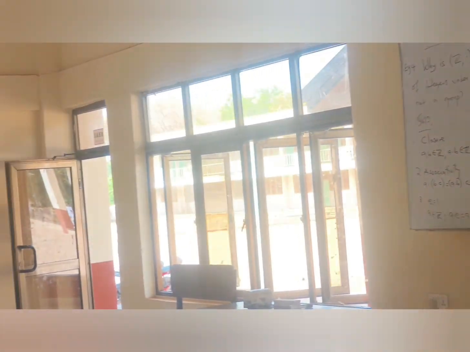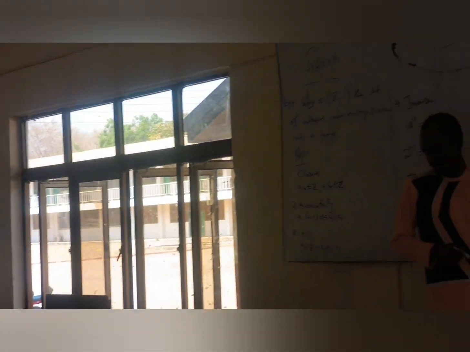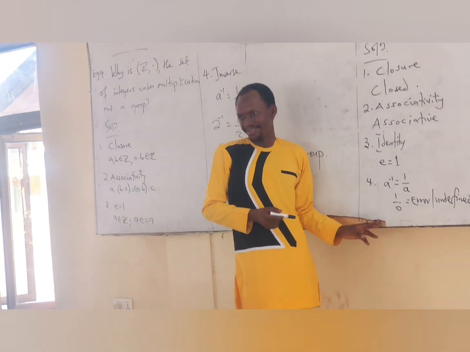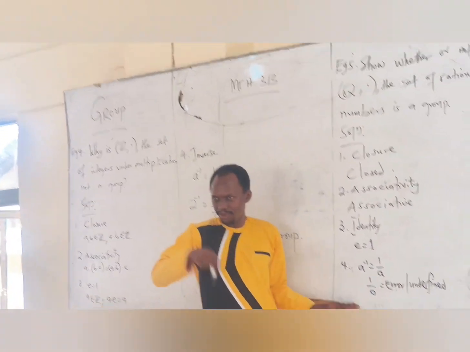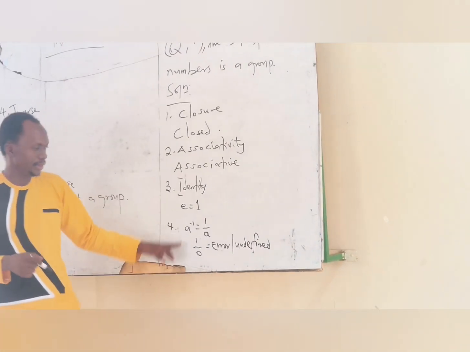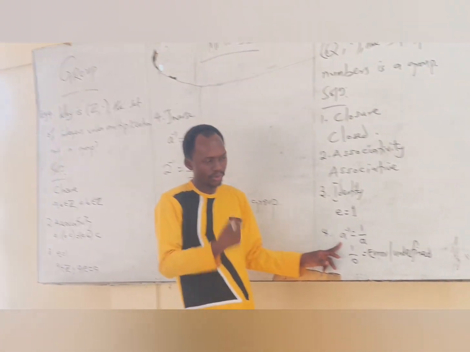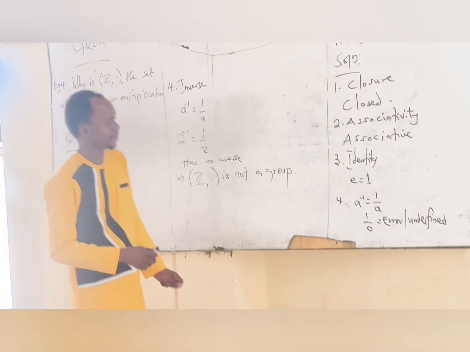See that we don't need to go and say A operation A versus E. It's the inverse of the individual elements of the collection. That is where we are proving and showing whether every element will have an inverse.